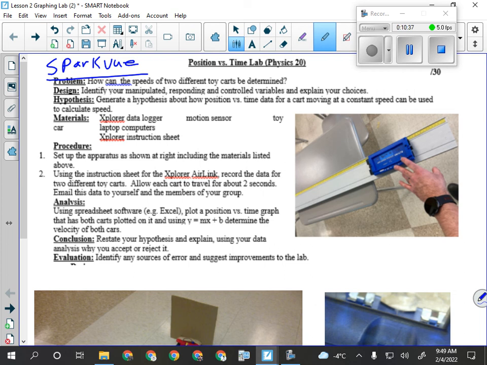Okay, that is the app that will allow your phone to communicate with our Dynamics carts. Okay, our new Dynamics carts have internal electronic sensors, and they communicate via Bluetooth with your phone, and they will transmit all the position, velocity, acceleration, and time data with your phone automatically. It's really sweet, okay? Because we used to have to do this with like ticker tape.